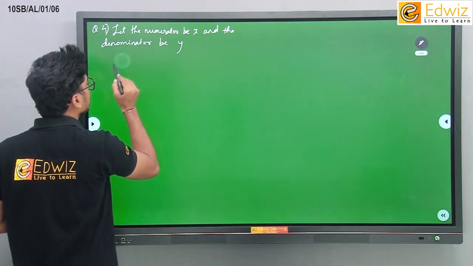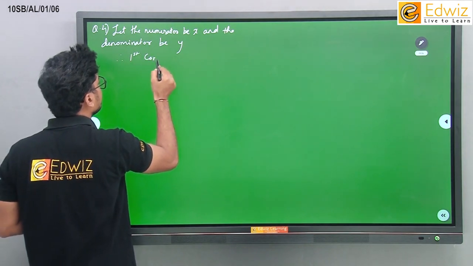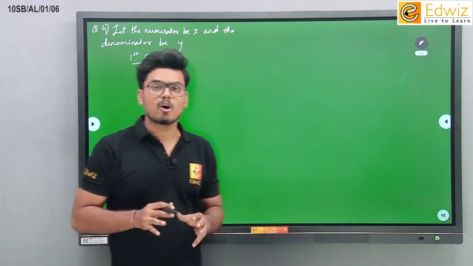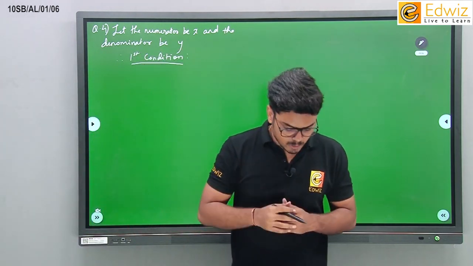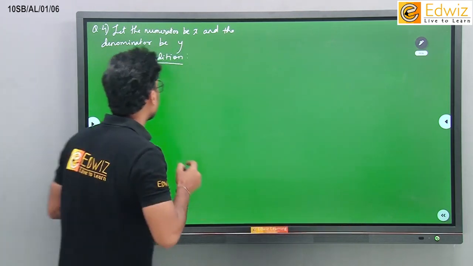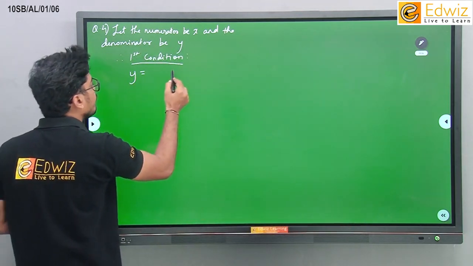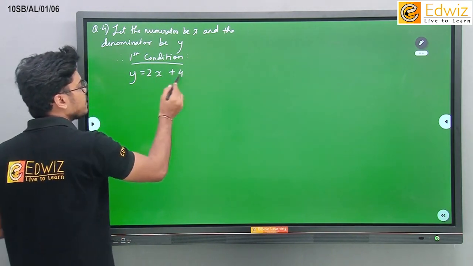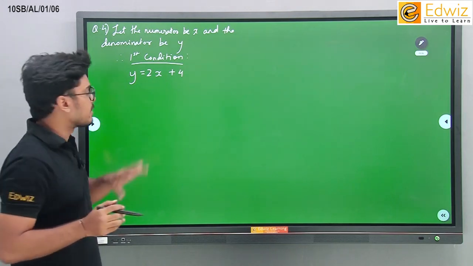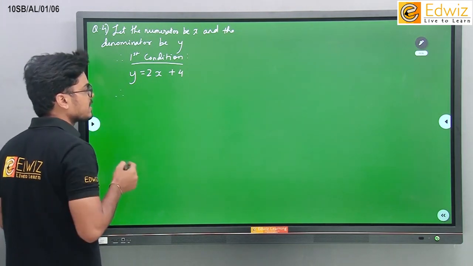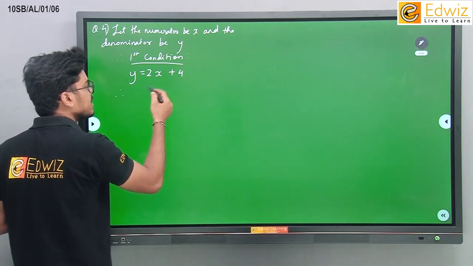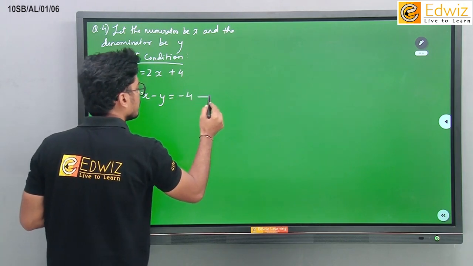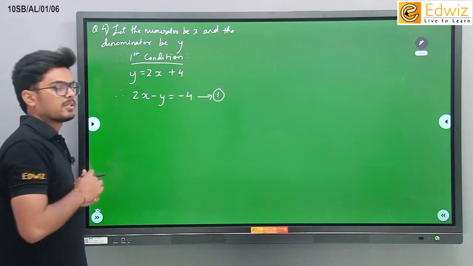Okay, so the first condition that we have, that the denominator is 4 more than twice the numerator. So 2 times the numerator plus 4 will be equal to the denominator. Now let us make it an equation in its standard form. So y को उस साइड शिफ्ट किया, 4 को इस साइड शिफ्ट कर दिया, 2x minus y equal to -4. Okay, this is my first equation.